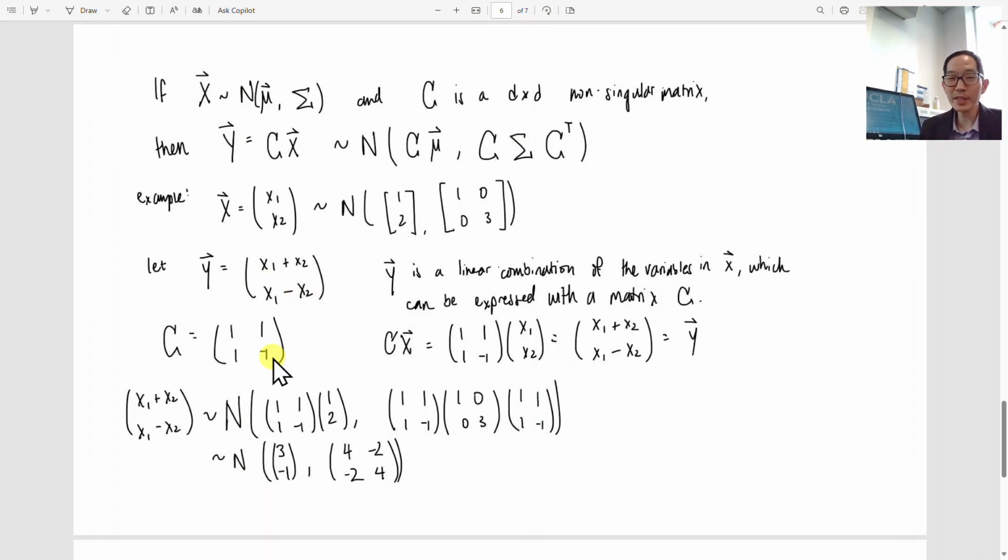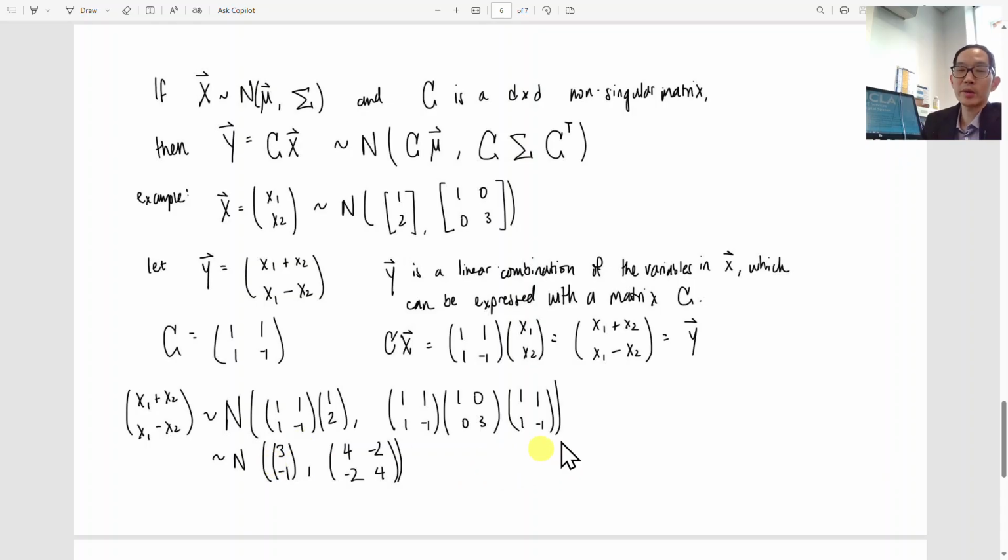And so, if we do C times x, we get exactly what we would have, x1 plus x2 and x1 minus x2. So if our mean values for x are 1 and 2, our expected values for y will be 3, since 1 plus 2 is 3, and then 1 minus 2, negative 1. That makes sense for our expected values for y.